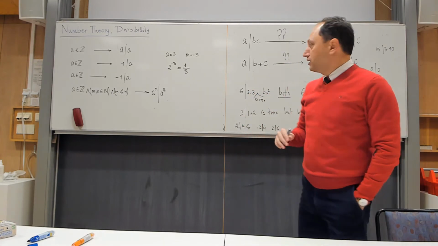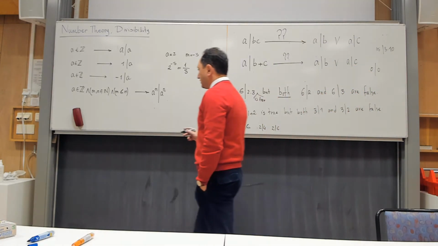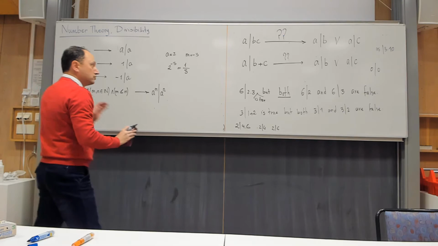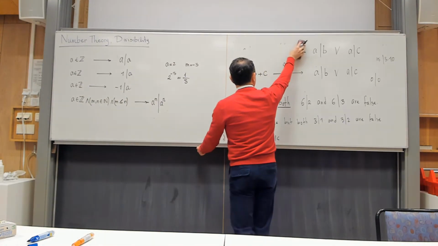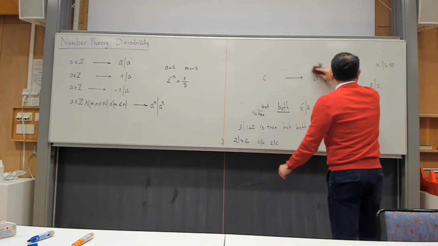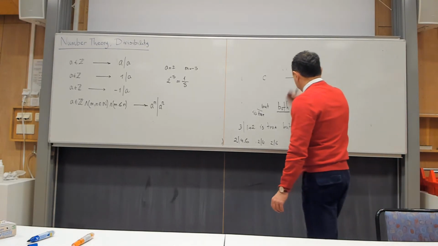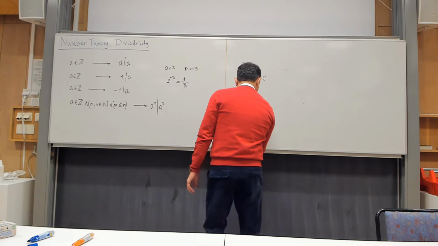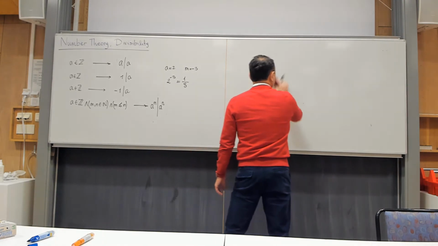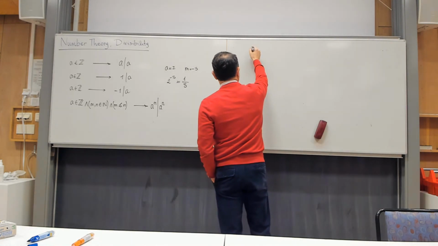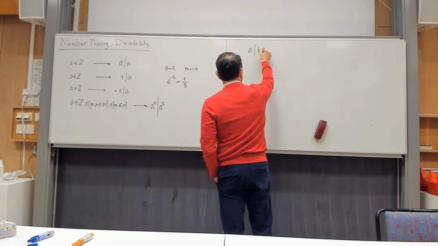Yes? For example, let me just test your understanding again as an example. I want to write this properly. So let me just repeat this one for you. So we had this statement and we realize that this is not true.